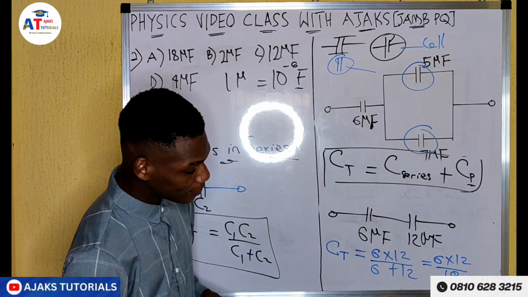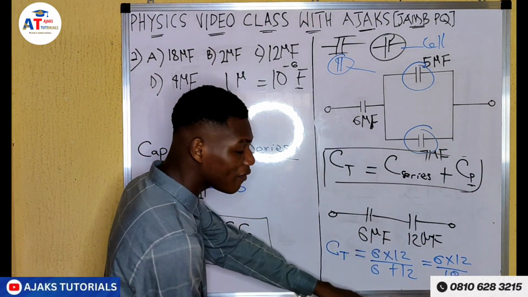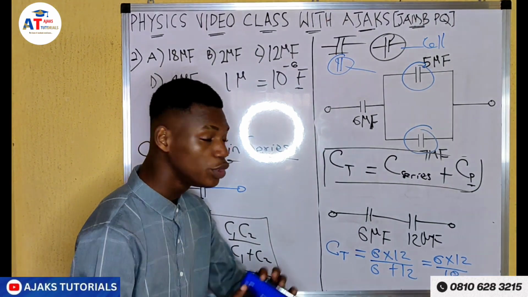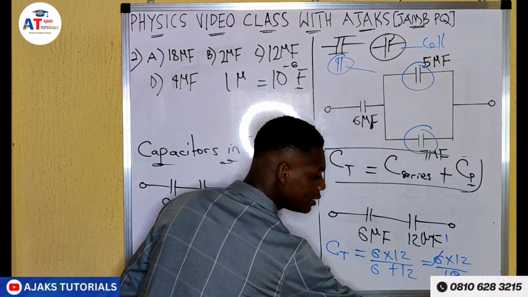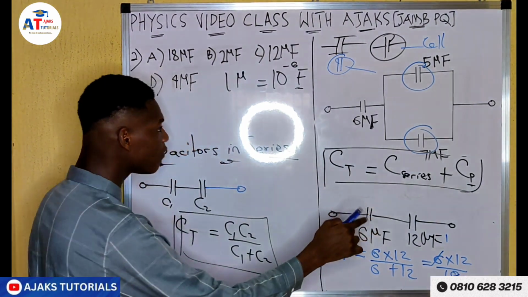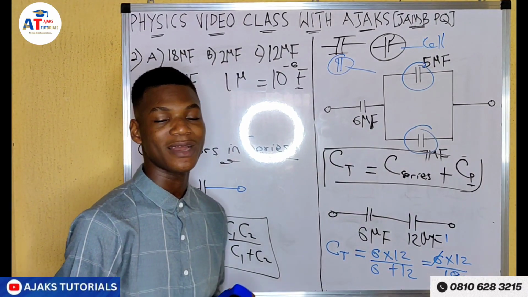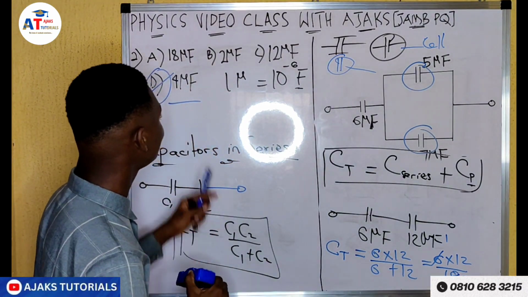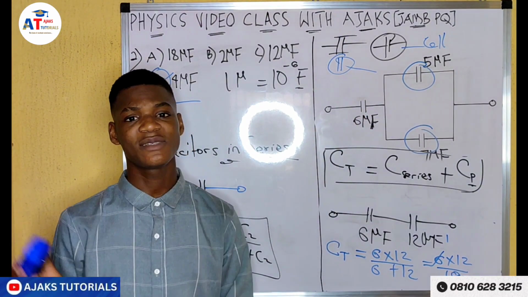Doing 6 times 12 will give you a problem, but take note, 6 plus 12 is 18. Now you say, 6 here, 1, 6 here, 3. Do you get the gist? 12 over 3 is 4 microfarad. So please take note, 4 microfarad is the answer for this question. That's the equivalent capacitance for this circuit. Let's move to question 3.